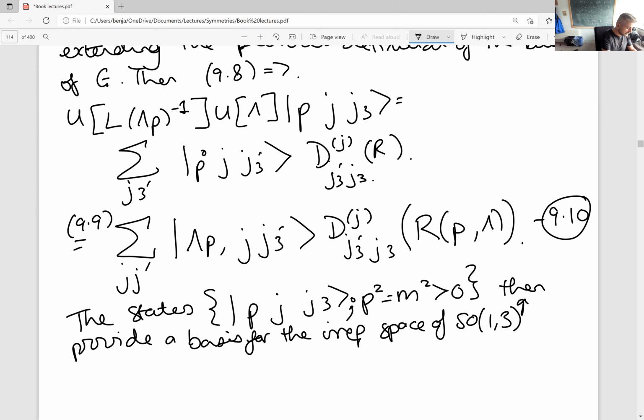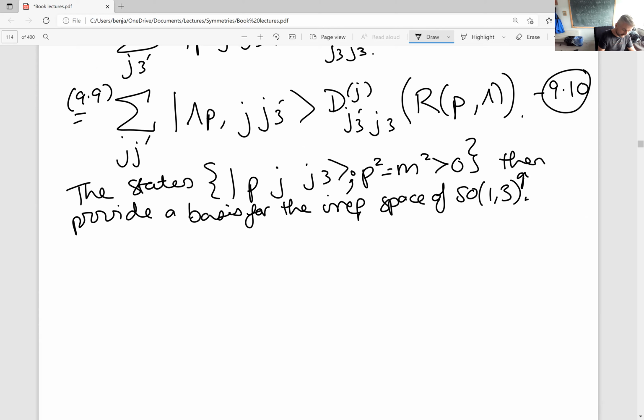You can see this extends to the full Poincaré group sort of immediately.